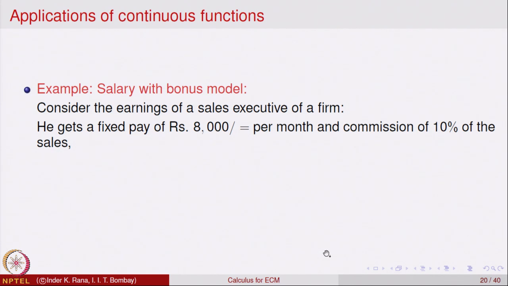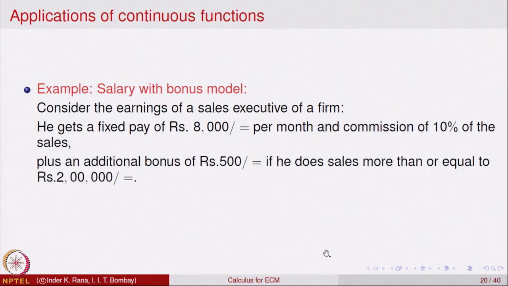Right. So, 8,000 plus 10% of the sales and plus an additional bonus of 500 rupees if he does sales of more than or equal to 2 lakh rupees in a month.